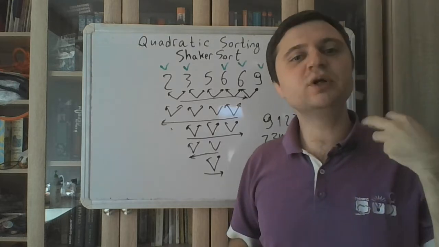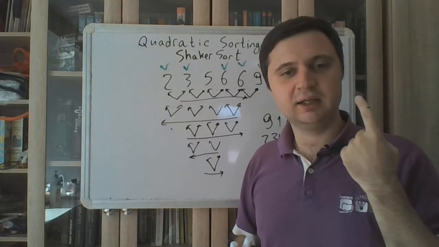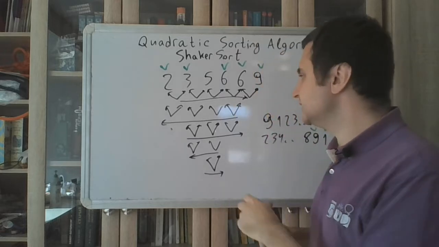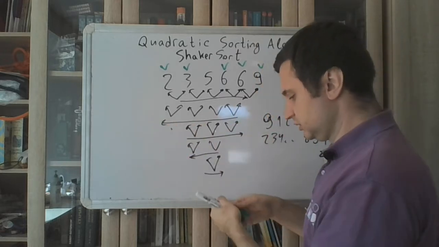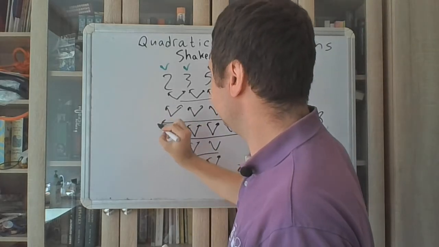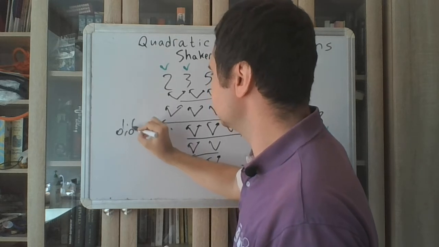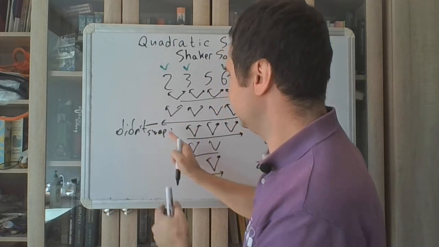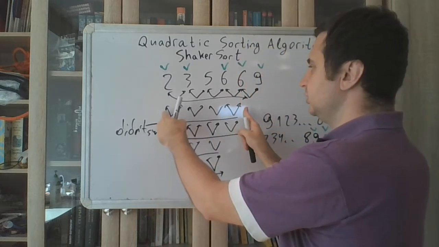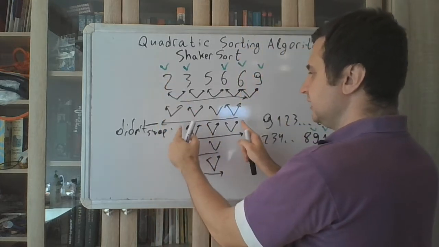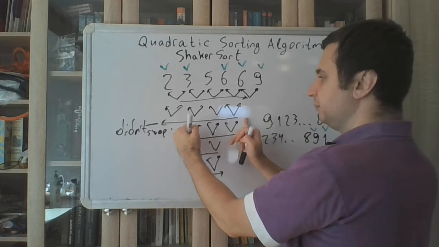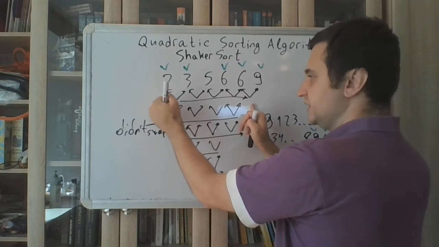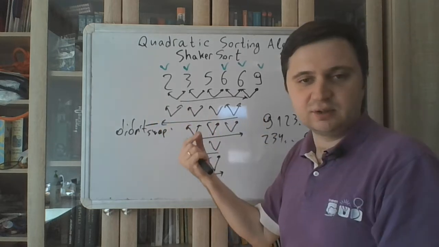Once again, let me repeat the same approach: if some iteration didn't swap any pair, then of course you didn't change the data, and the next comparisons, which are a subset of these comparisons, will not find anything to swap either.